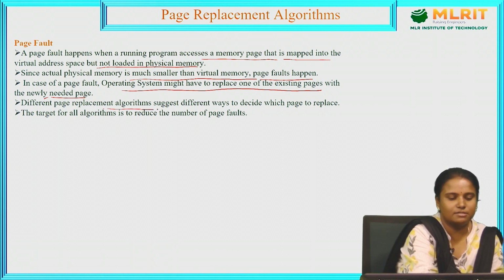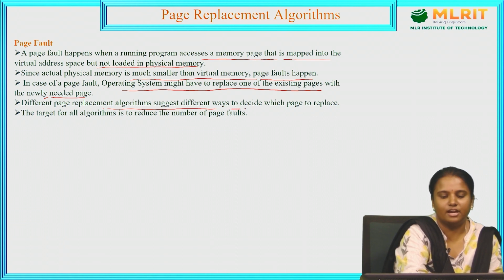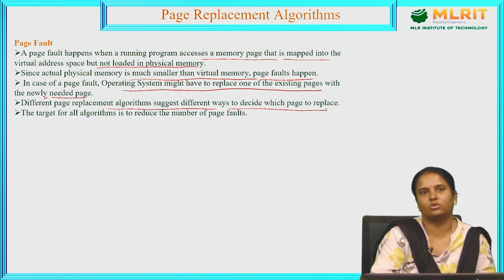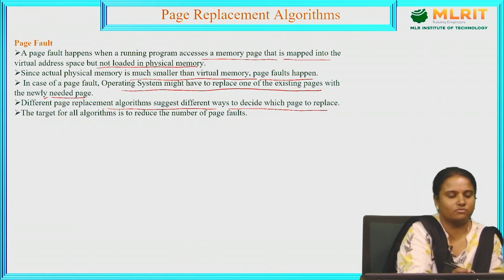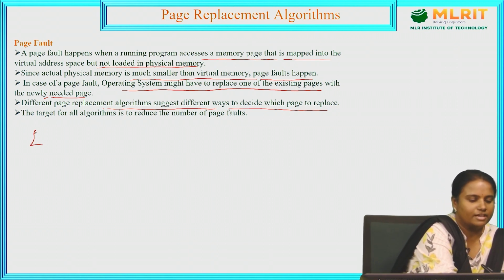Different page replacement algorithms suggest different ways to decide which page to replace. So we are using 3 different page replacement algorithms. What are they? First in, first out, least recently used, and optimal.